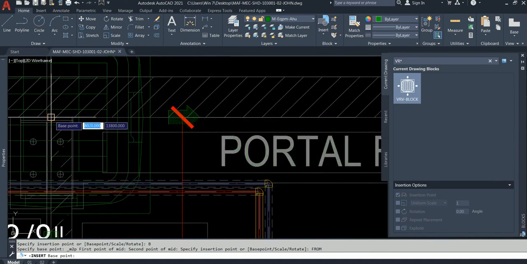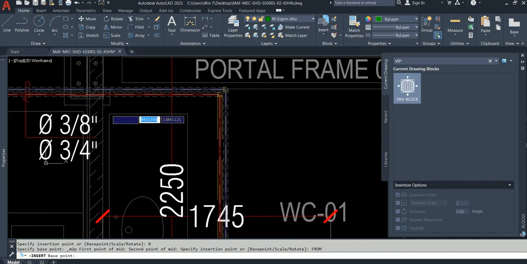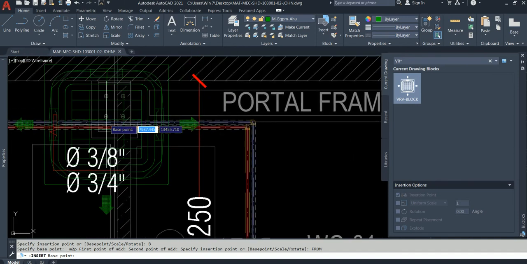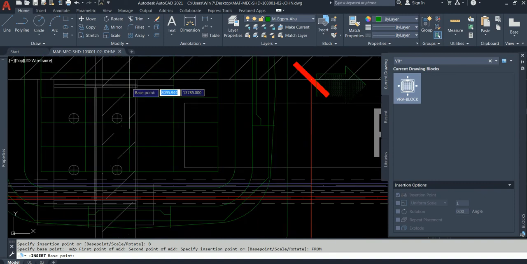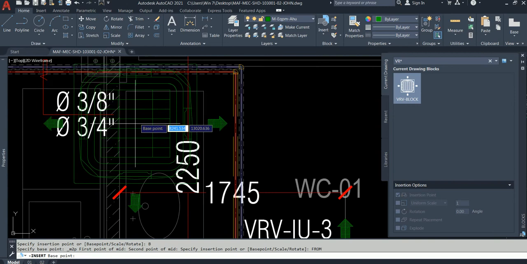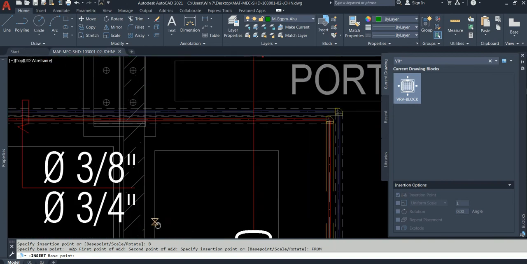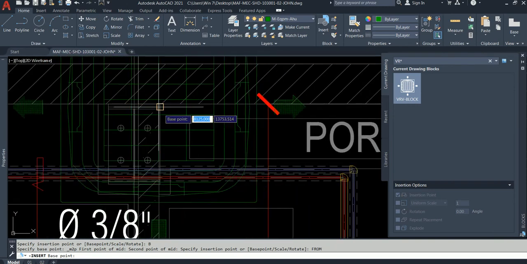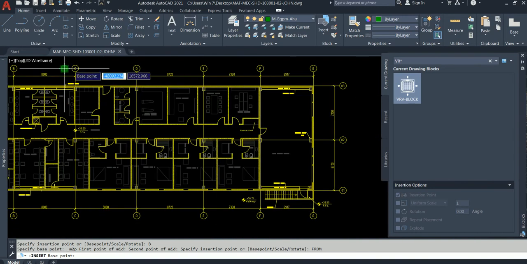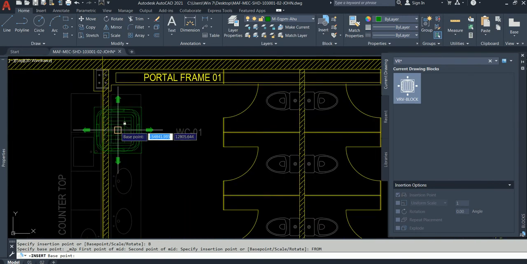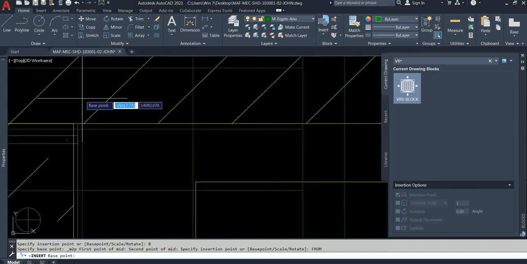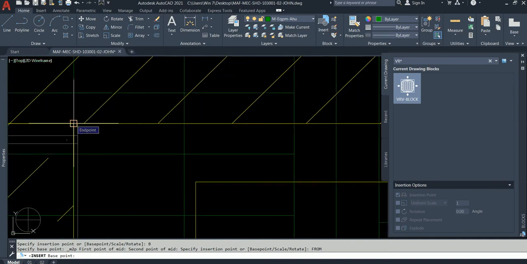Okay, from this point I would say. You see, it is this intersection. Go straight from the wall. So we're looking at the wall. Beautiful. From this point.